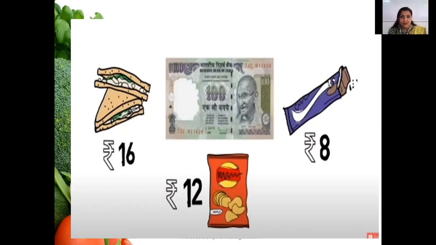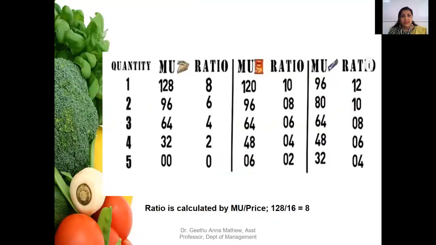Let's suppose one sandwich costs 16 rupees, a chocolate costs 8 rupees, and a chips packet costs 12 rupees. How will you distribute your 100 rupees in such a way that you get maximum satisfaction? Let's see this.